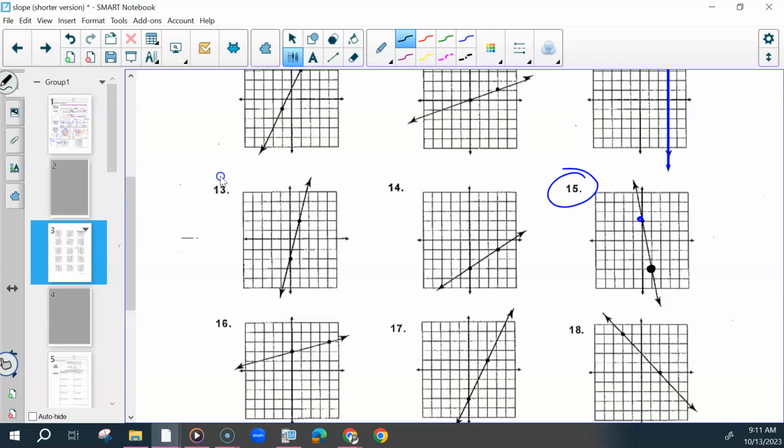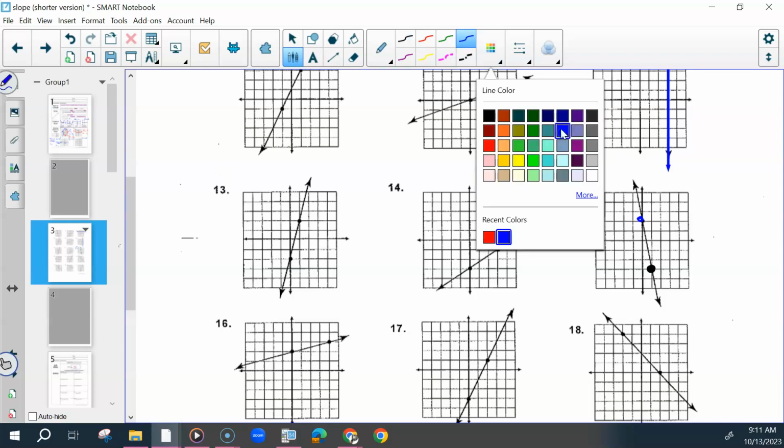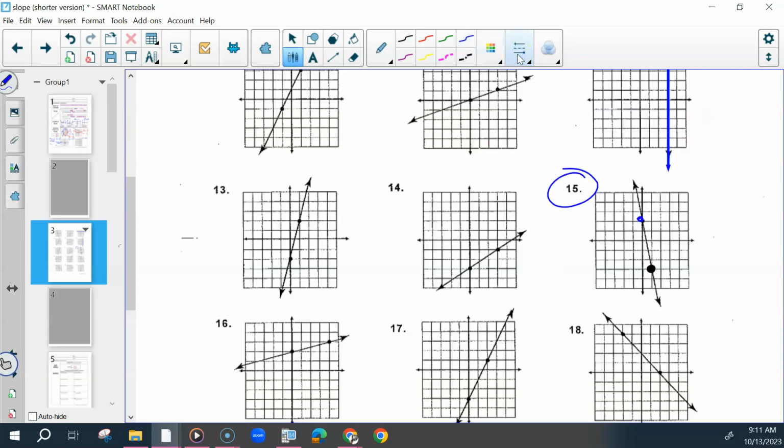Right, and then if we're counting our rise over run, let's say we're starting at this point, we're going straight down. How far did we go down? 5. And then how far did we go to the right? 1. So if we're going down and right, is that a positive or a negative?